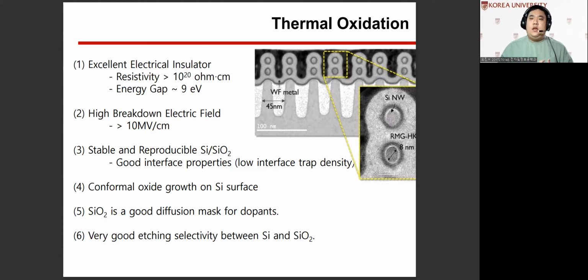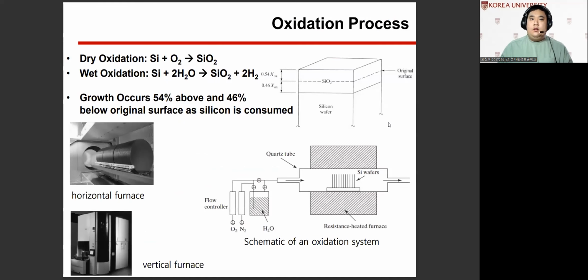So this can resist a really high electric field. The oxidation process is split into two kinds: dry oxidation, with silicon and oxygen gas, and wet oxidation, with silicon and vapor, specifically water vapor.